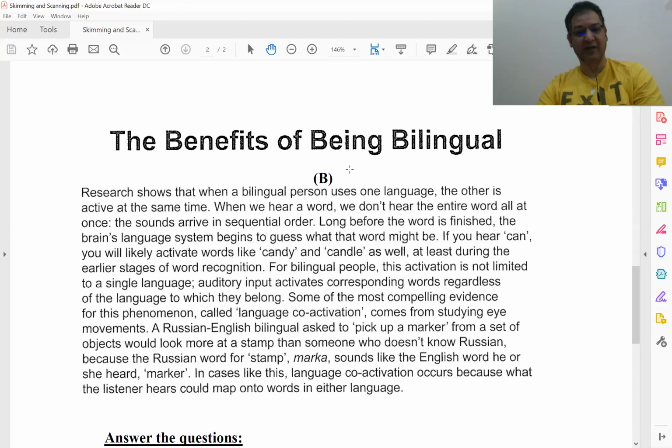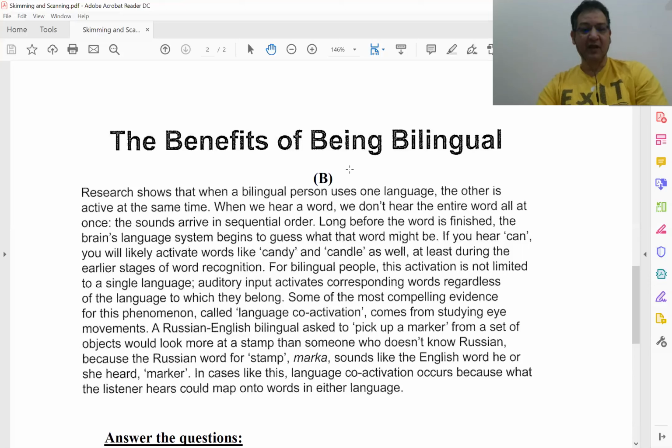So the passage will be about the advantages of being bilingual. Bilingual means speaking two languages. So now I understand the general idea of this passage.